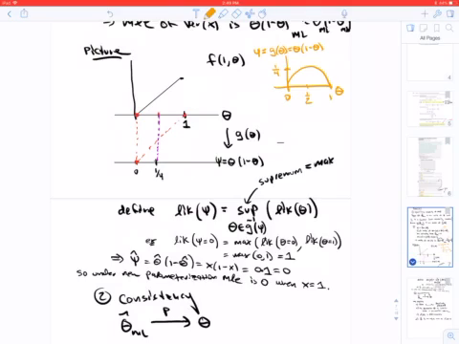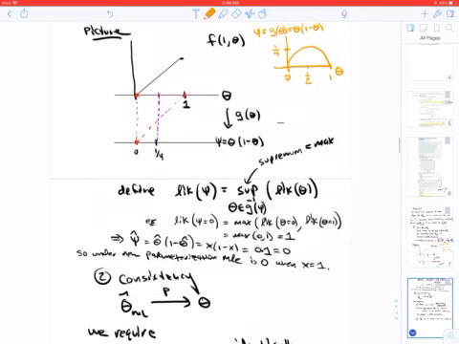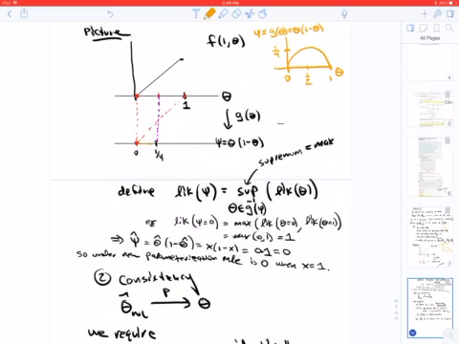Now, G of theta takes values between 0 and 1 over 4. So as theta runs between 0 and 1, G of theta, let's call that phi, runs between 0 and 1/4. So we've now reparametrized our parameter to run from 0 to 1/4 instead of from 0 to 1.